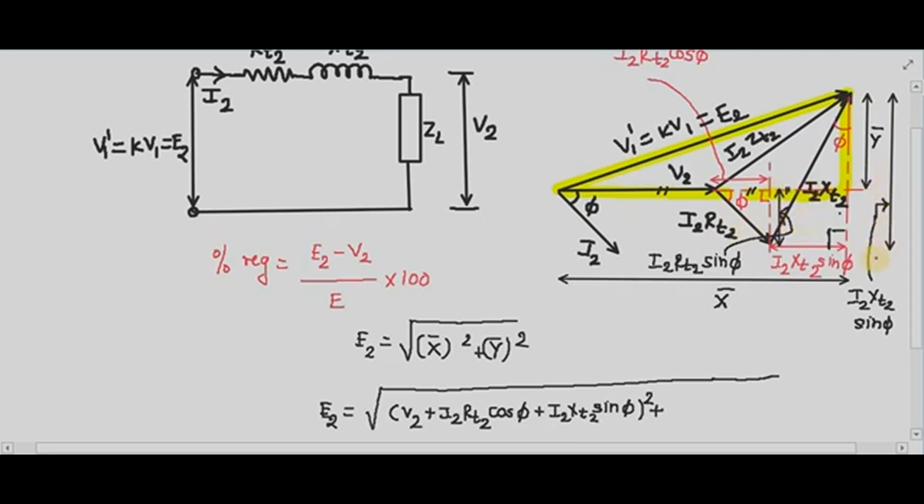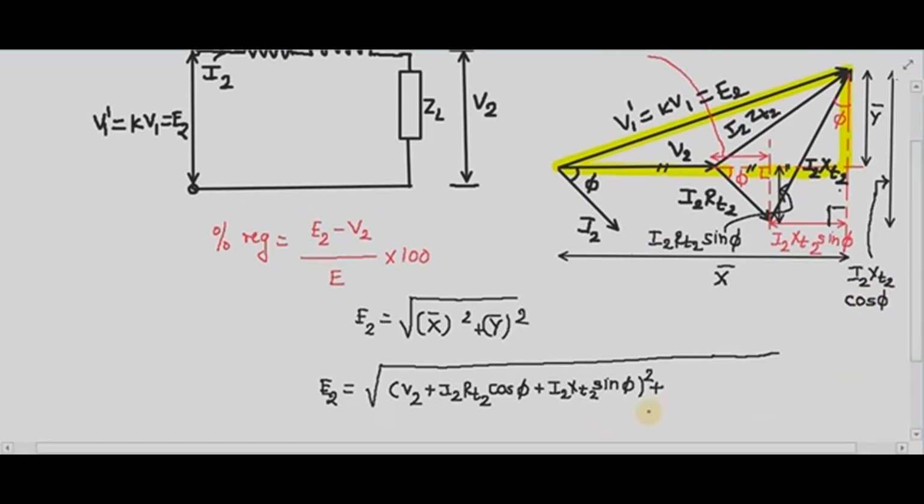Sorry, this is not the sine of phi. This component will be cos of phi. The horizontal component is this, so this will be I2 XT2 cos of phi.